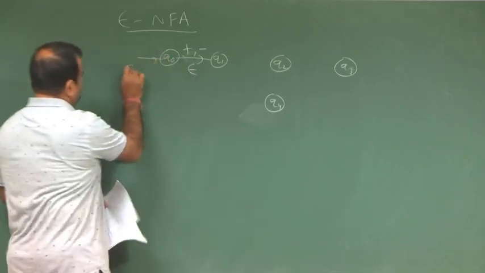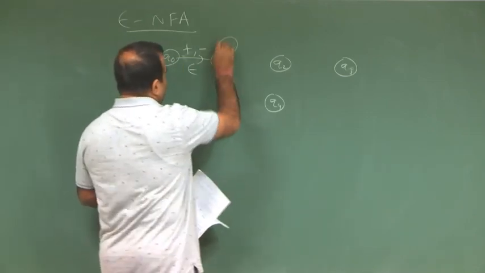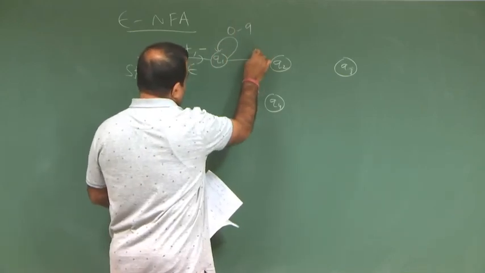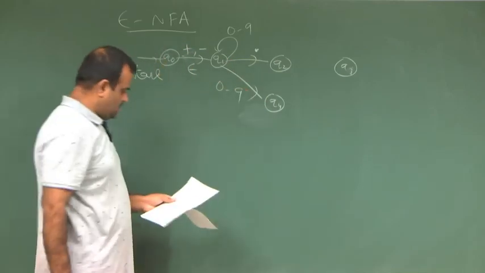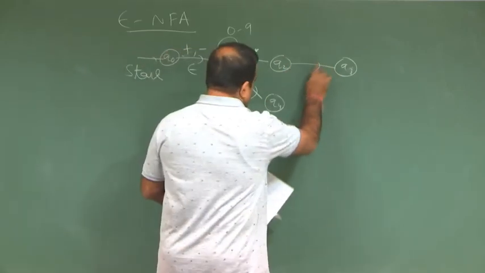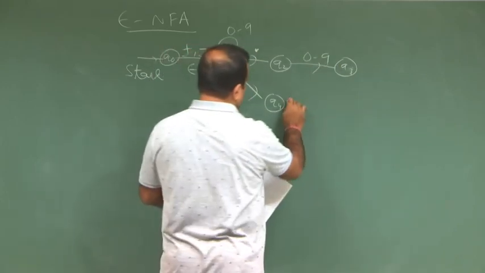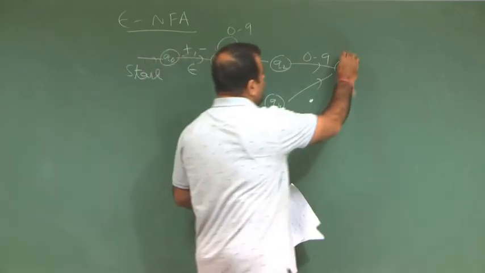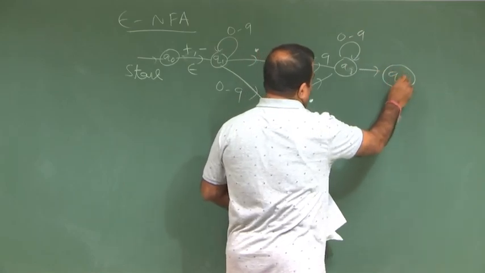This is the starting state, and from here we have a move, and with dot we can go here, again with the integer we can go here, with the integer we can go here, and with dot we can go there, and then with the integer we will go to the final state q 5.